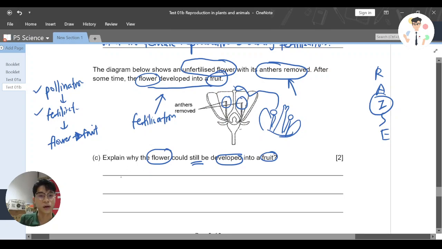So how do you explain? Your explanation should touch pollination, fertilization, and a bit of flower and fruit, if possible. But here I already mentioned it, so this part is not that important. But these two parts you must touch.